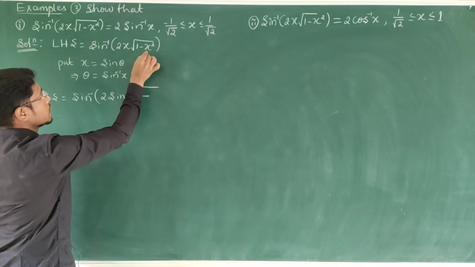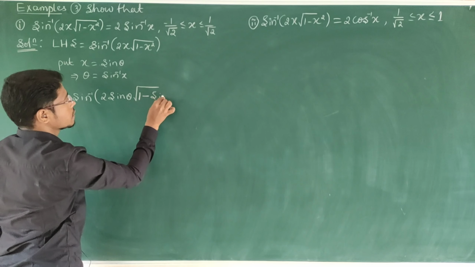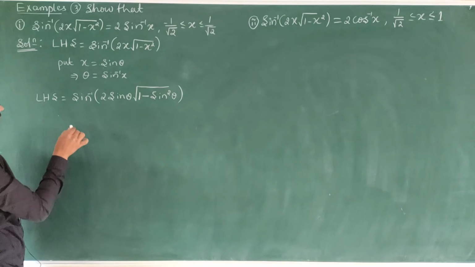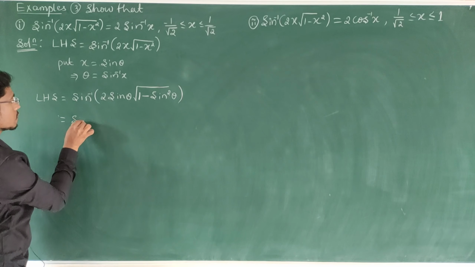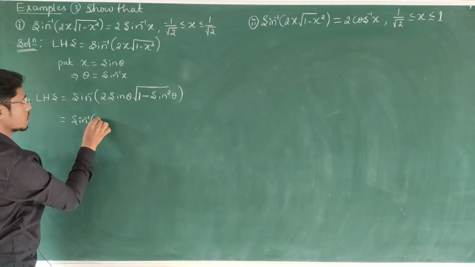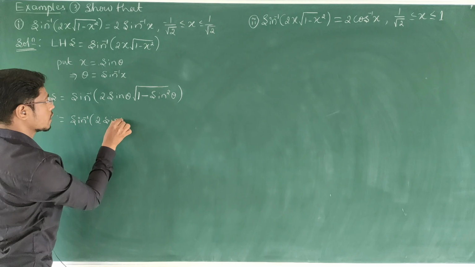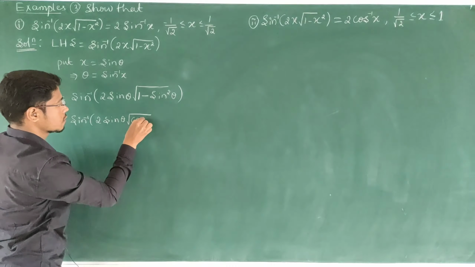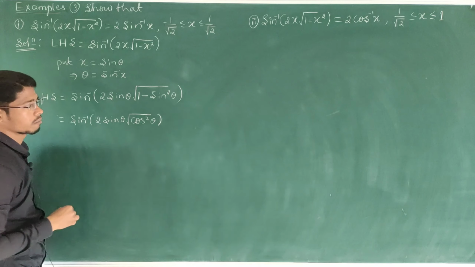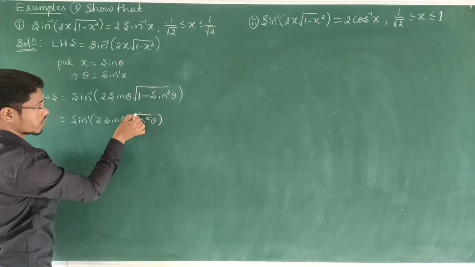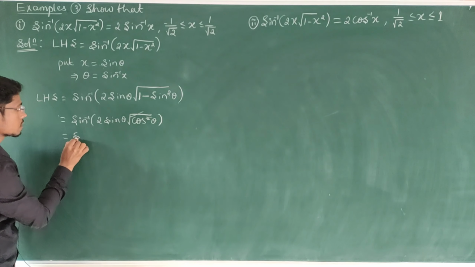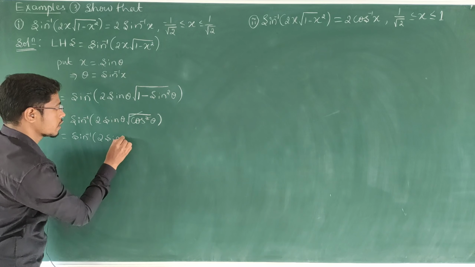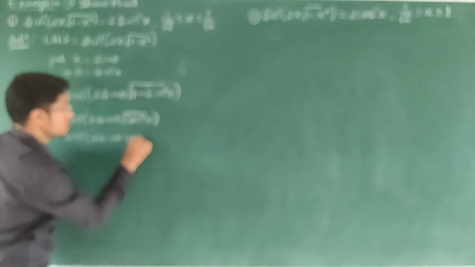X is sine theta, so x square is sine square theta. 1 minus sine square theta is cos square theta. Complete the bracket. Square and square root will get cancelled. Sine inverse of 2 sine theta into cos theta.